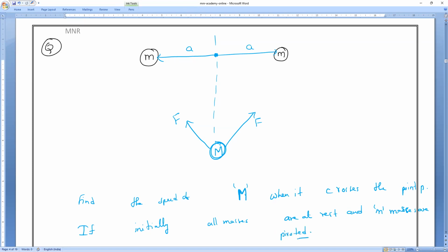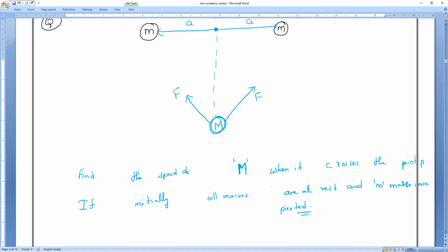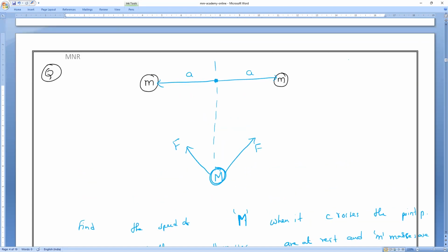Small m masses are pivoted. Clear, everyone? So both small m masses are pivoted, so their initial potential energy and final potential energy remain the same. They're pivoted, so there is no change in potential energy. Am I right or wrong?